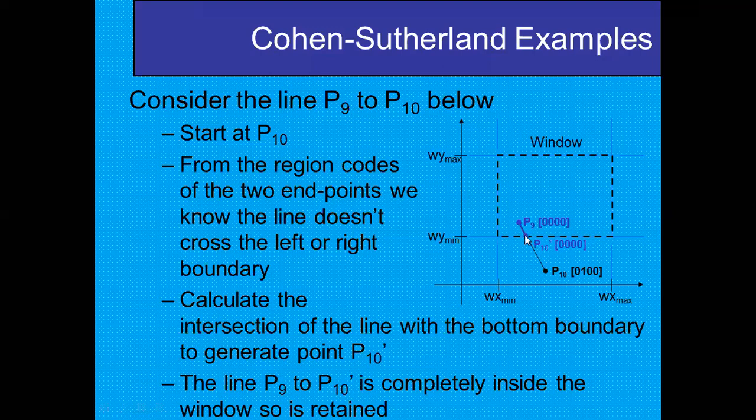If it is lying on the window boundary or the intersection point, then we can retain the line segment P9 to P10 dash, and we can say that it is lying inside the window. So if it is coming on the edge, lying on the window edge, then treat it as inside the window, and you can assign the 4-bit code as 0000.